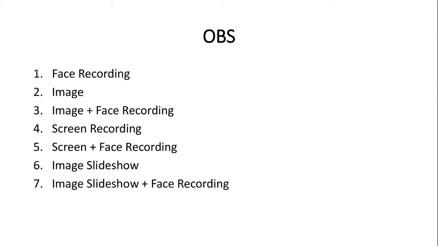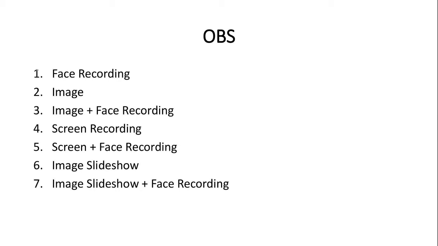Fourth type of recording is the screen recording, in which whatever you do on the screen is recorded. Fifth one is screen plus face recording, in which you record both things: the screen is there and you show your face also. The next is image slideshow, just like a PowerPoint presentation.